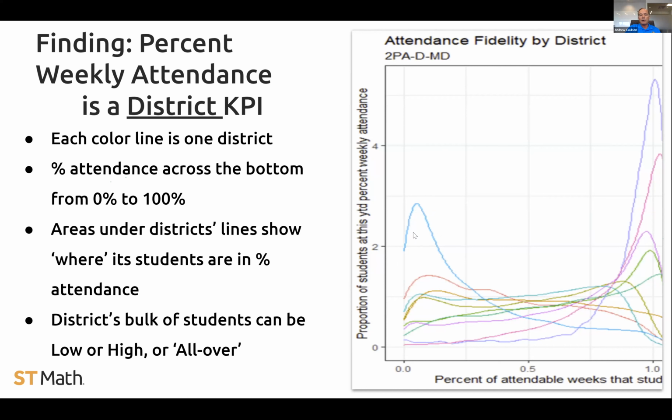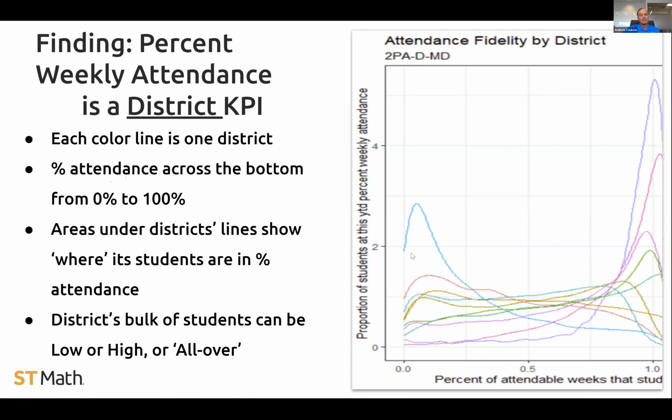The mode, if you will, the most students, is at real low attendance, but there are some at higher attendance. And on the flip side, you see this purple and pink and rosy pink, whatever that is, and green. My wife says I can't tell the difference too good. But anyway, all of these off at the right are mostly students not skipping weeks, with pretty routine attendance.